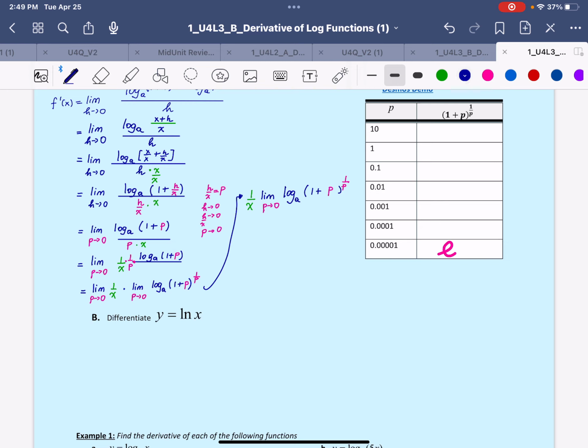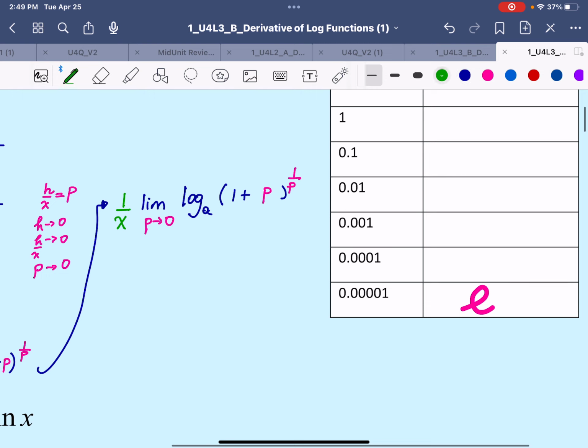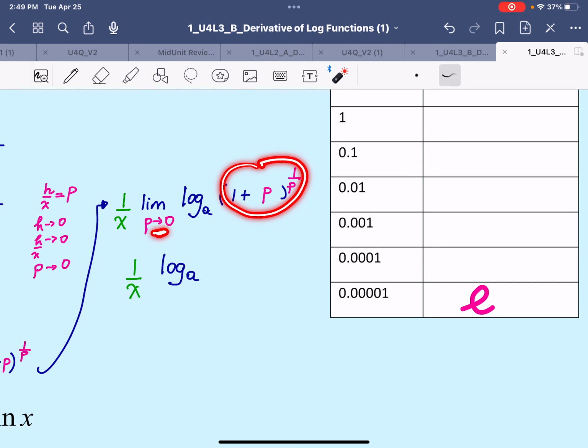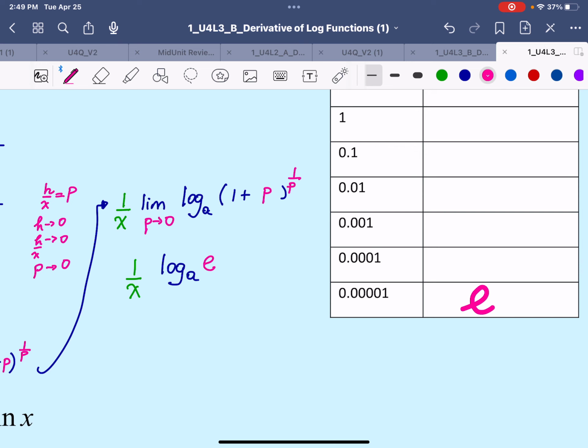So that will allow us to write this limit as 1 over x, the log with base a. We know what this expression becomes as p approaches 0. It becomes the number e, so it becomes a constant number. So we'll write e right here.